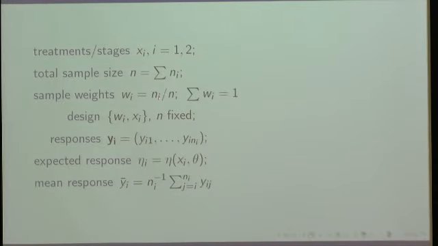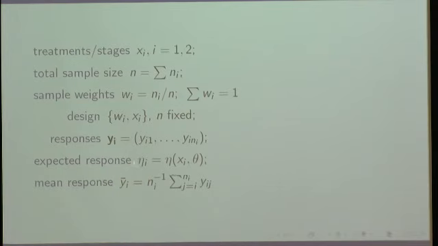The weights are the proportion of subjects on each sample, which add to 1. The design is the combination of weights and treatment points. And I'll take n to be fixed, the total sample size. And then for each treatment or each stage, we have a collection of responses.